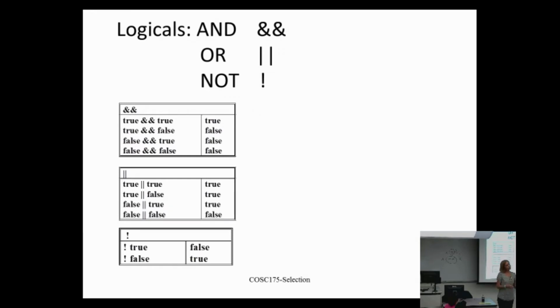However, if we get a true first, what's the scenario? Anytime we have a true, the answer is true. So in the case of an or, we can short-circuit upon the first true, because one true is enough to make the whole thing true. Does that make sense to everybody? Okay.